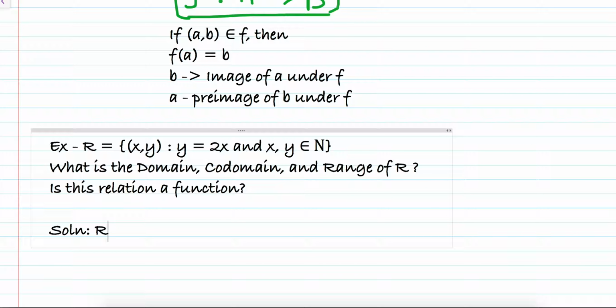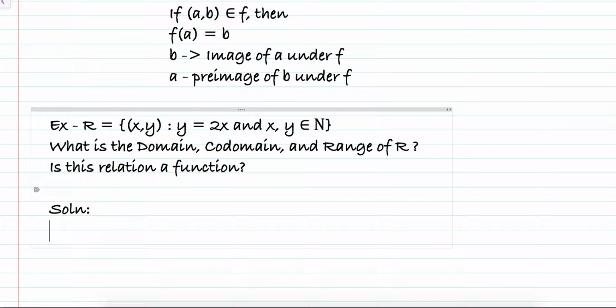So first we will write the relation R. So x and y both belong to natural numbers. So it's an infinite set, N is an infinite set, and we are not given any other condition like it should be less than this or more than this. So we can write 1, and y is 2 times x.